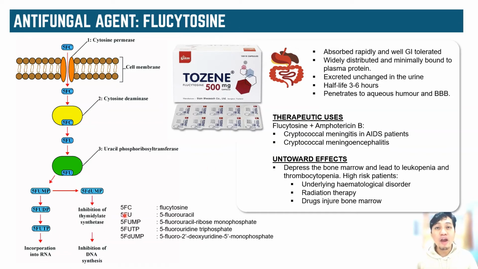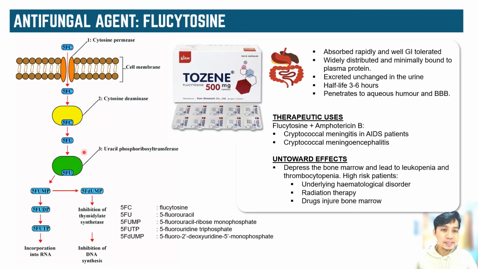I believe everyone is familiar with fluorouracil, or its abbreviation 5-FU. Yes, this is a potent anti-metabolite that you learned about in cancer chemotherapeutics, PHC 636. All susceptible fungi are capable of deaminating flucytosine to fluorouracil by the enzyme cytosine deaminase.